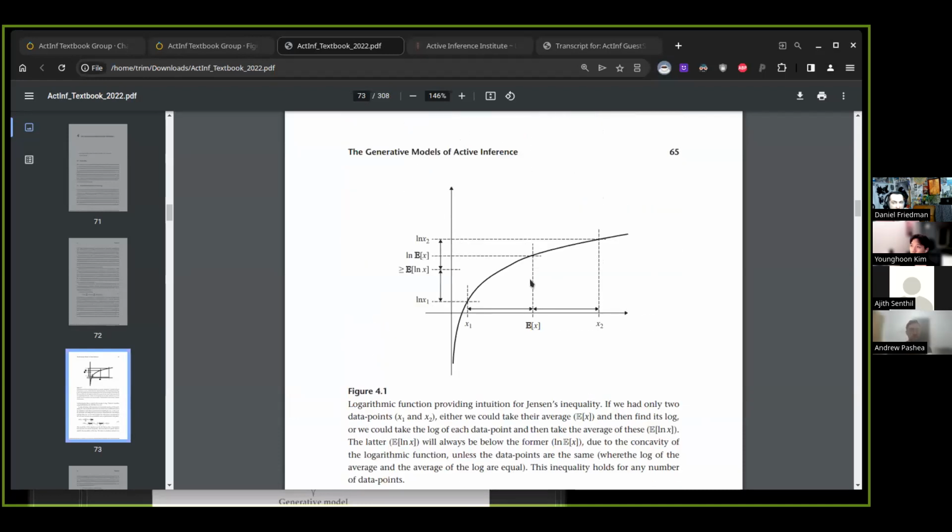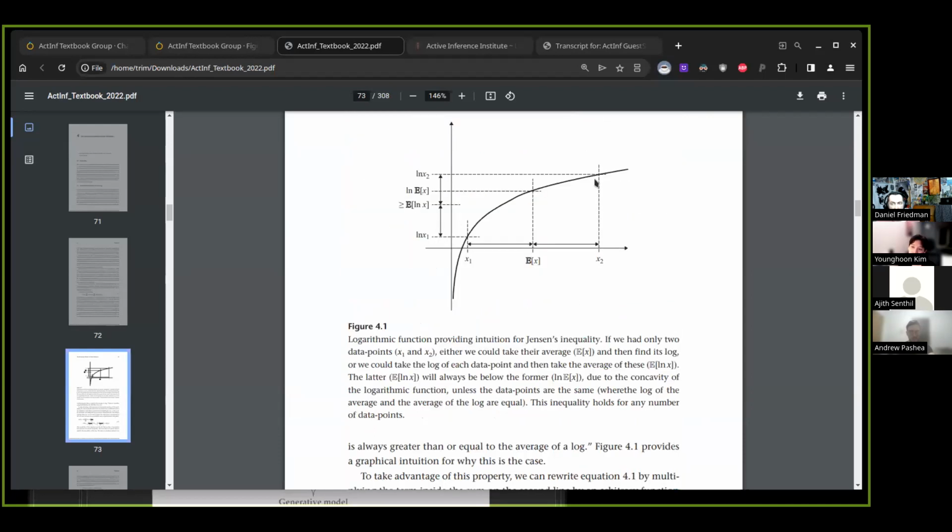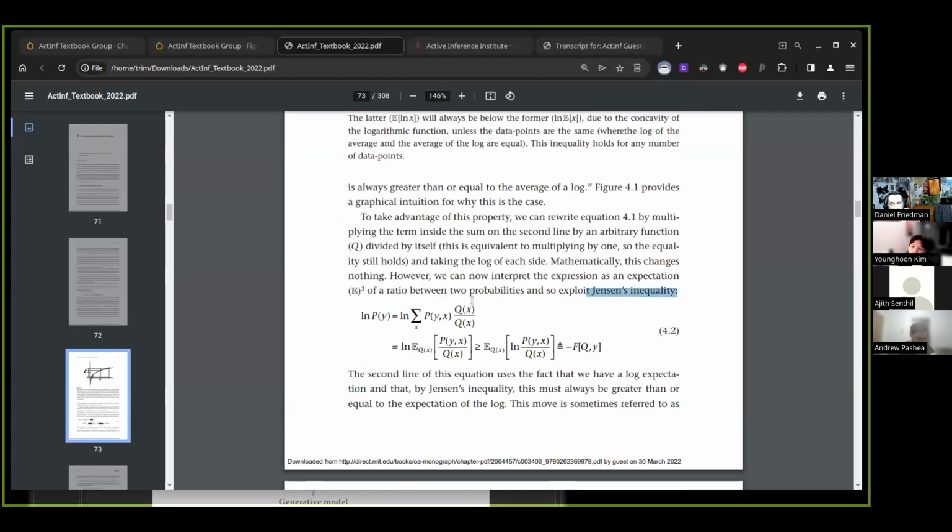But suffice to say that because of the curvature of the natural log function, or any other function that's concave down like that, we're able to use that property of this curvature and properties of logs in order to generate an inequality such that the log of the expectation is always greater than the expectation of the log.